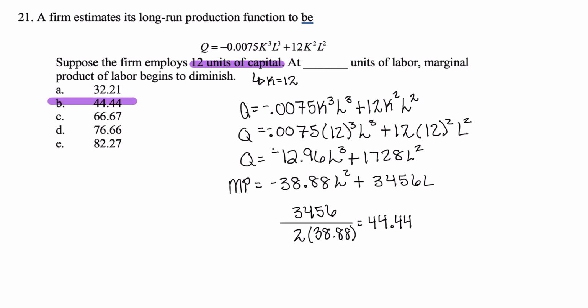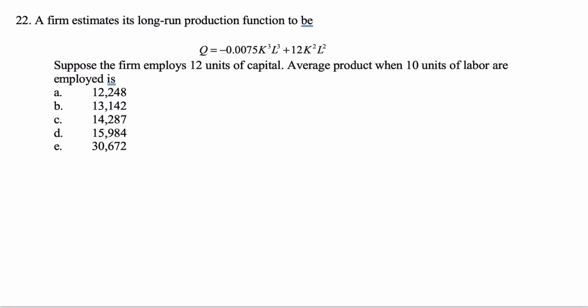So if you were to sketch this at 44.44 units of labor. So this is the same question that we were just looking at. So we're going to start with our Q equals negative 12.96 L to the third plus 1728 L squared. And then we're going to substitute in our 10 units of labor.